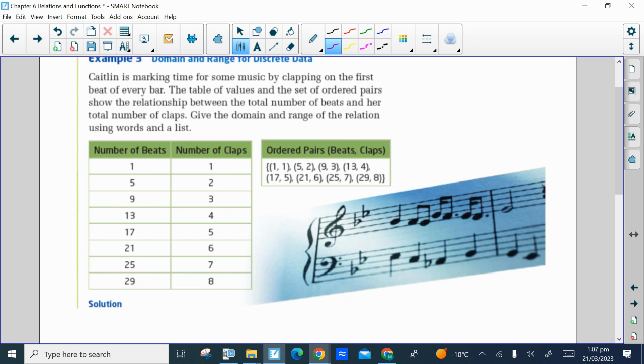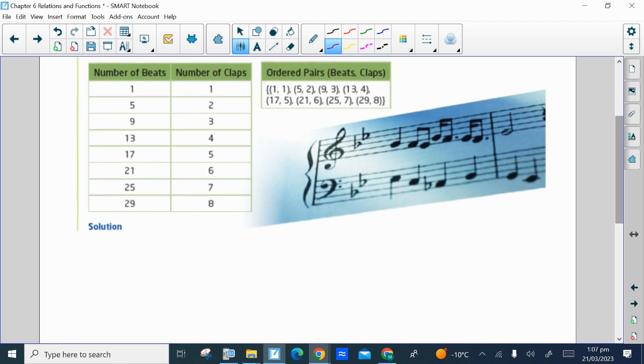So if we want to give the domain and range using words and a list. So for the domain, that's the first numbers, which are 1, then 5, then 9, then 13, and so on. So as I said earlier, they're going up by a constant rate of positive 4 every time.